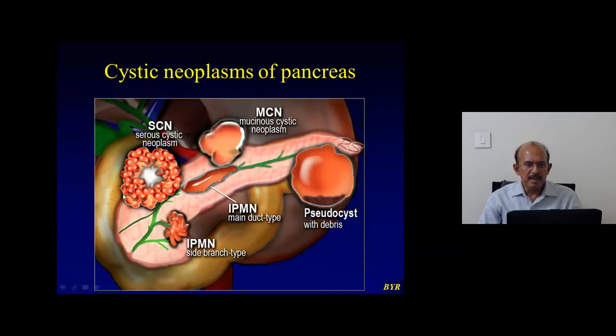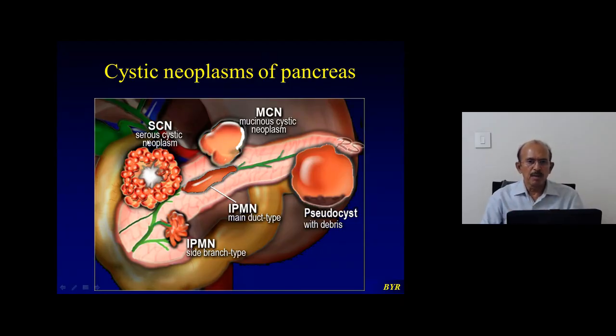Another is the serous cystic neoplasm, where you can see multiple small cysts. They will be aggregated, and it is described as the bubble wrap masses. You know, for the packing of some material, when you order online, the material will be packed by bubble wrap paper.